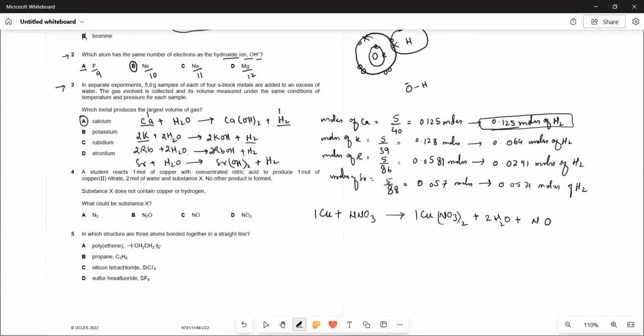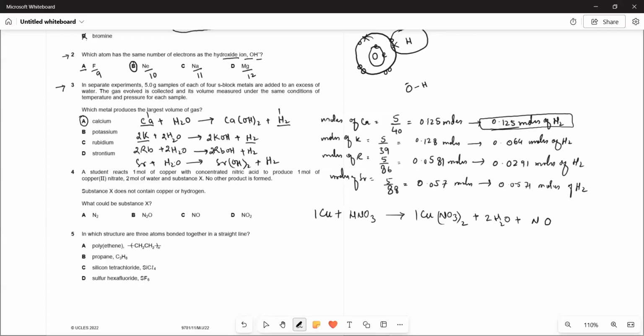So first of all, how many nitrates are on the right side? We have 2 nitrates. Copper is balanced. What about nitrogen? Is it balanced? No. And hydrogen, there are 4 hydrogen atoms.